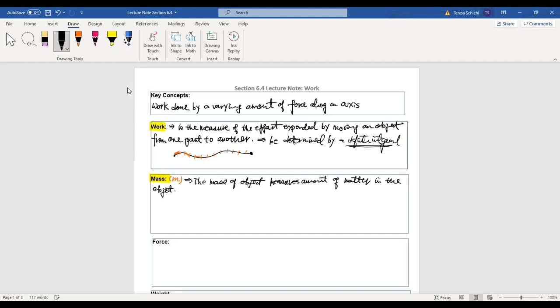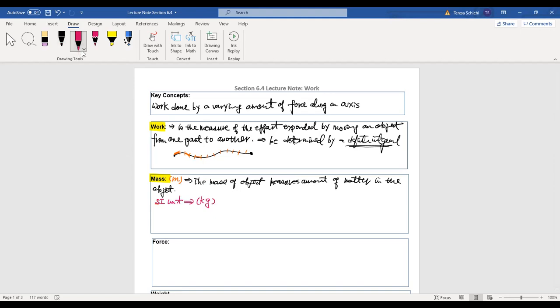What is the SI unit for the mass? The unit we typically use for mass is the kilogram.